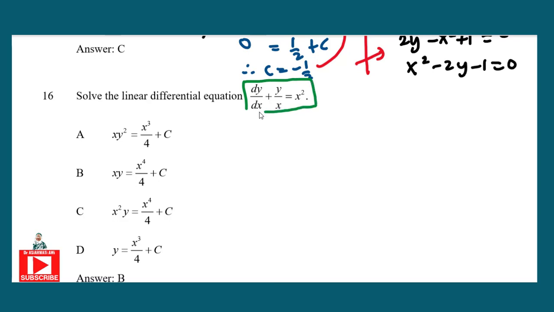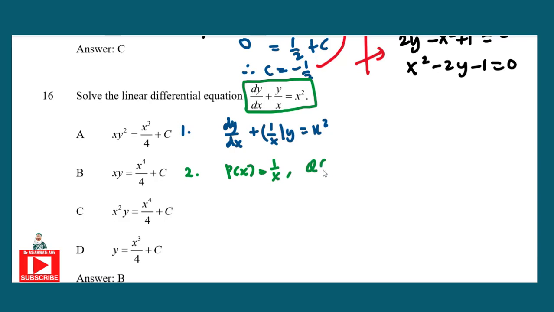Given this equation in general form: dy/dx plus 1 over x times y equals x squared. This is our first step. Second step, identify P(x) equals 1 over x and Q(x) equals x squared.